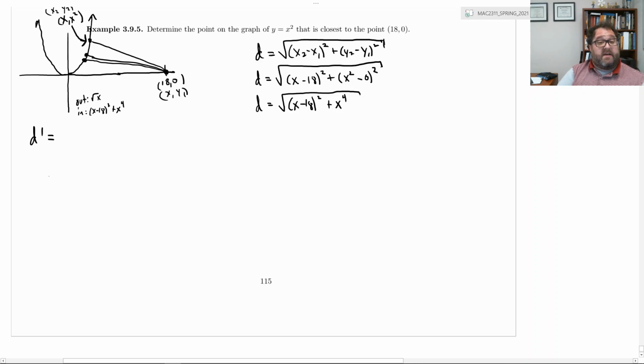So the chain rule says we take the derivative of the outside function, 1/2. We then plug in, it's 1/2 times something to the negative 1/2 power. But I put that big empty set of parentheses because I know the next step of my chain rule is to plug in the inside function, which is x minus 18 squared plus x to the 4th.